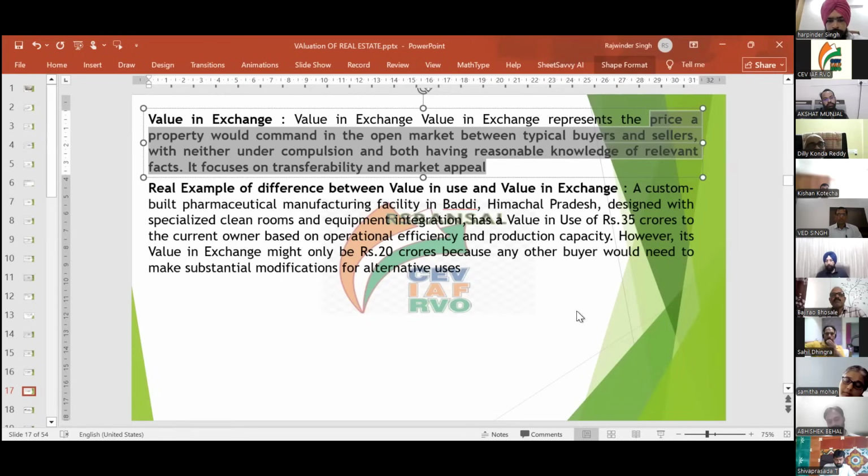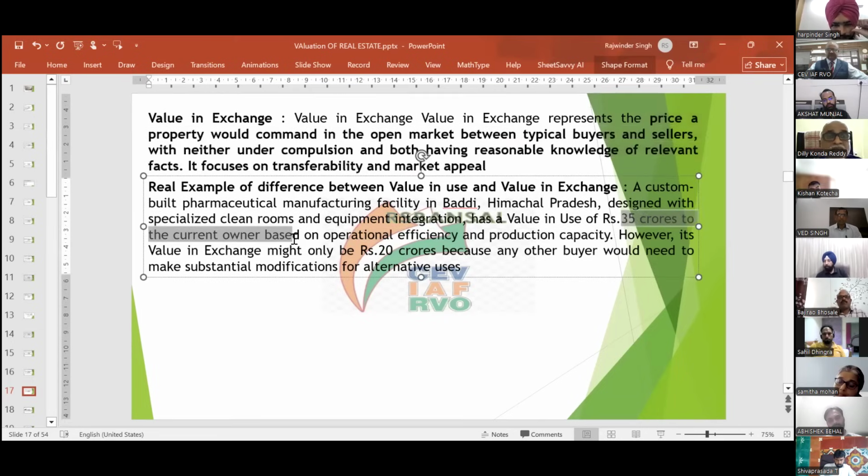For example, a real example of the difference between value in use and value in exchange. A custom-built pharmaceutical manufacturing unit in Himachal Pradesh, designed with specialized clean rooms and equipment, has a value in use of 35 crores to the current owner, based upon its operational efficiency and production capacity.